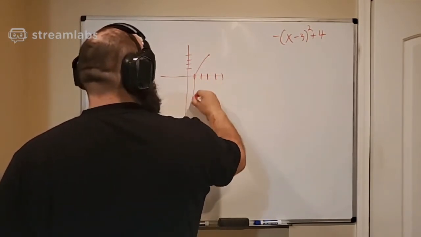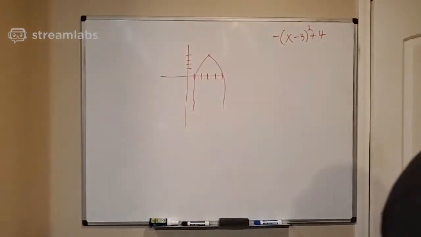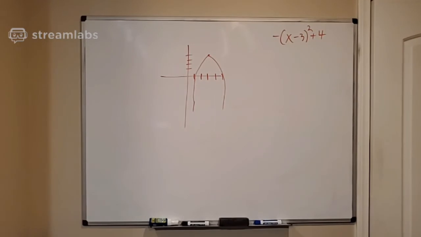So that's a rough estimate of what your parabola looks like. You should be thinking this in your mind. They don't expect you to graph it, but I draw sketches to myself when I'm doing these types of problems to help me understand, especially since I'm looking at the vertical line test and the horizontal line test.